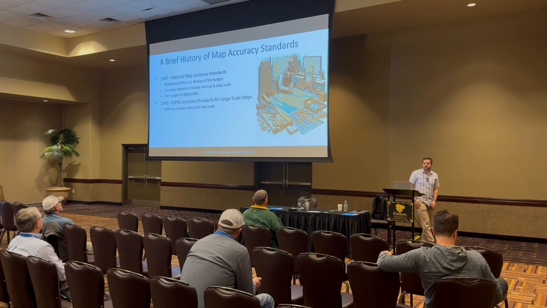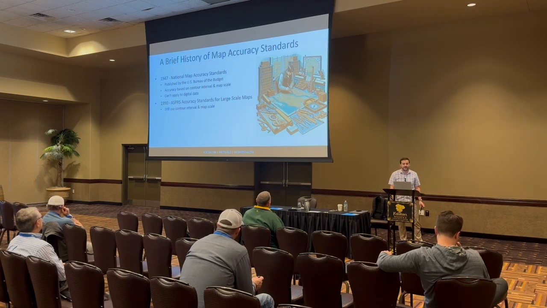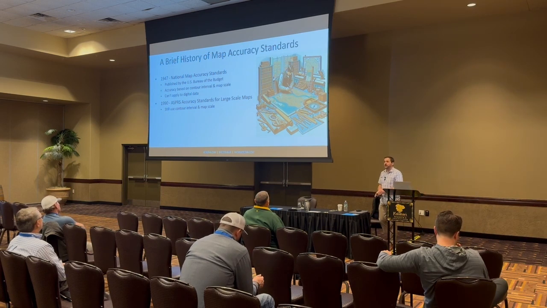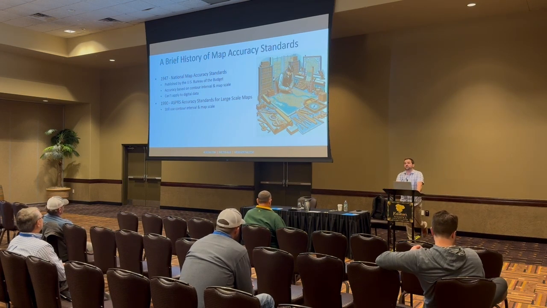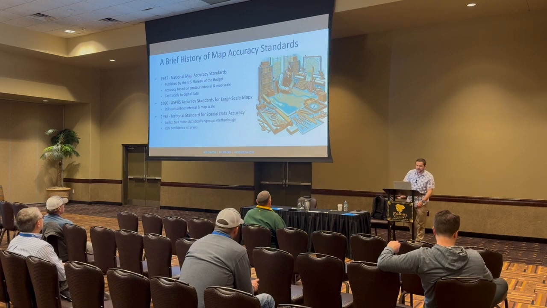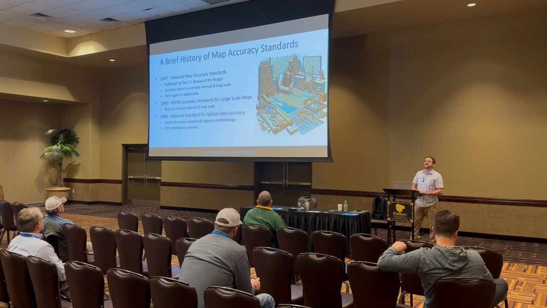It then progressed into a much more rigorous standard. In 1990, I think, is when the ASPRS published one of their first mapping accuracy documentations, but it was still focused on printed maps using film-based photogrammetry for contour intervals and map scales and things like that. It was in 1998 that the National Standards for Spatial Data Accuracy was released by the government, which switched to a more statistically rigorous methodology.